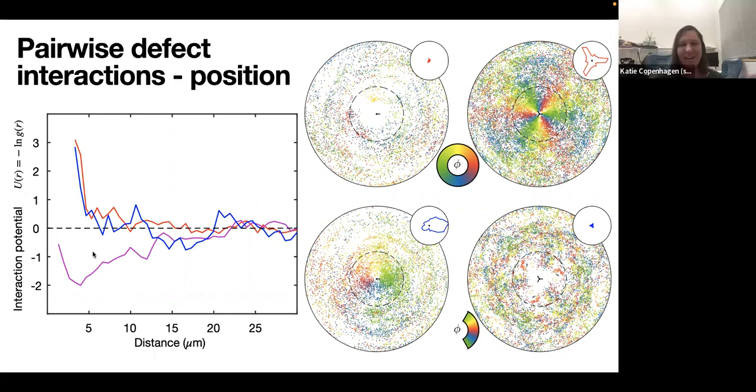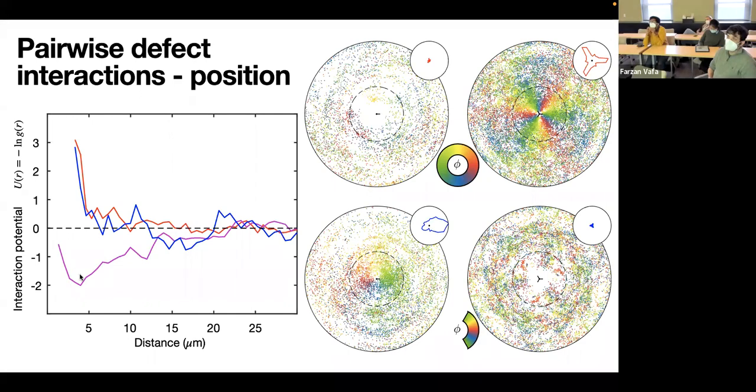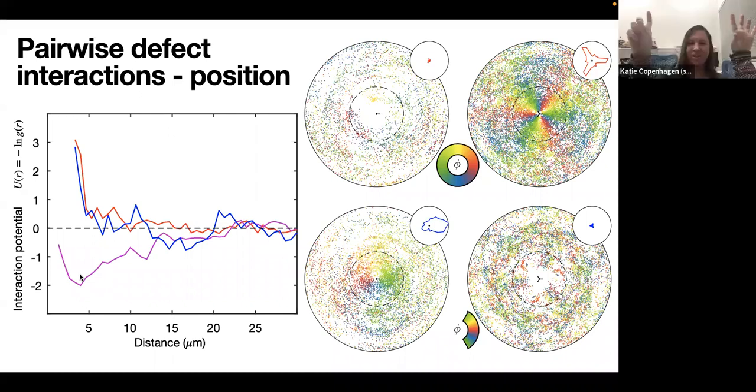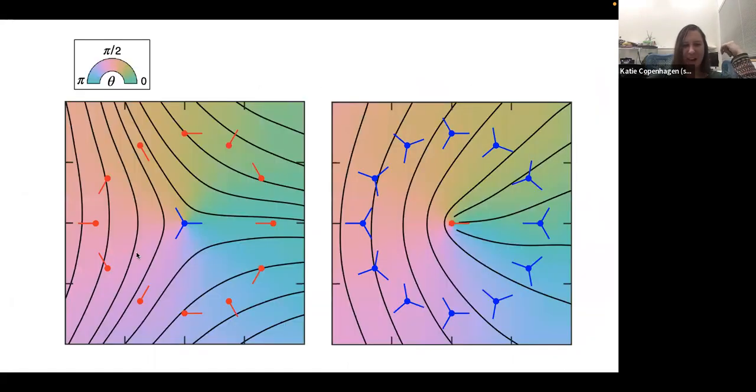So we're trying to figure out how to measure that more, but I think we can maybe start to get at it if we break down this interaction potential to include information about which direction the positive defects are pointing in at each distance. That's something I'm working on. I don't have that analysis done yet though, but good question.